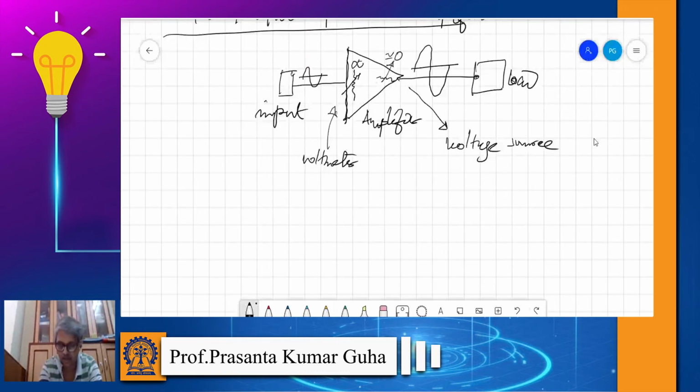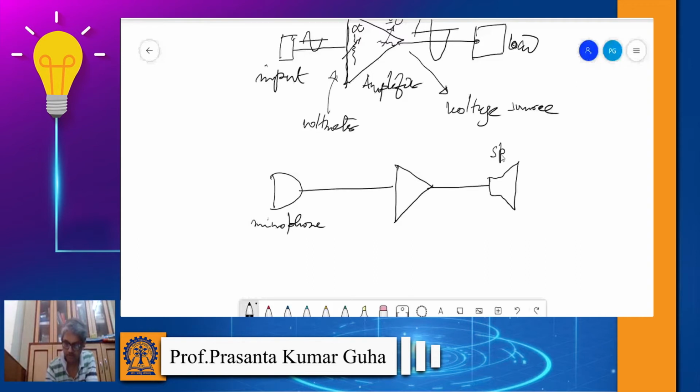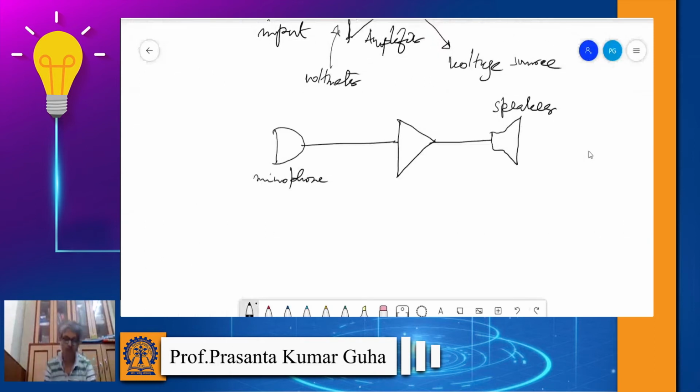For example, say I have a microphone whose signal I would like to amplify, and this amplified signal is going to a speaker. Okay, what I am trying to tell you, through this example, is the nature of input and output impedance an amplifier should possess.